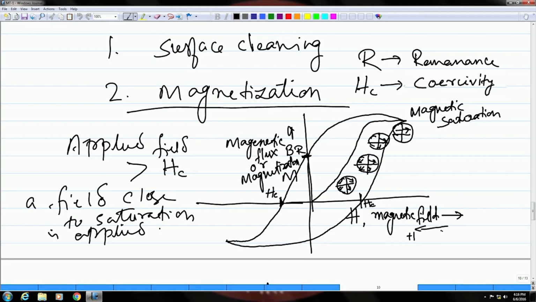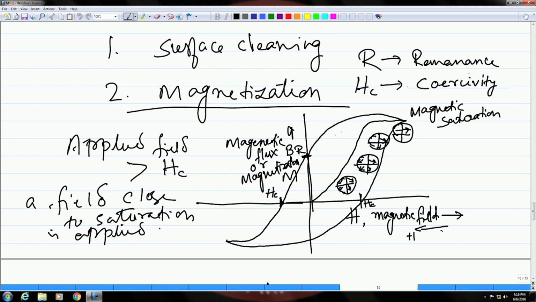So, this is what we discussed in the previous class, which was about magnetizing the surface. In terms of the magnetic field needed to magnetize the part, you need to consider the magnetic property or the magnetic hysteresis loop of the material being tested.